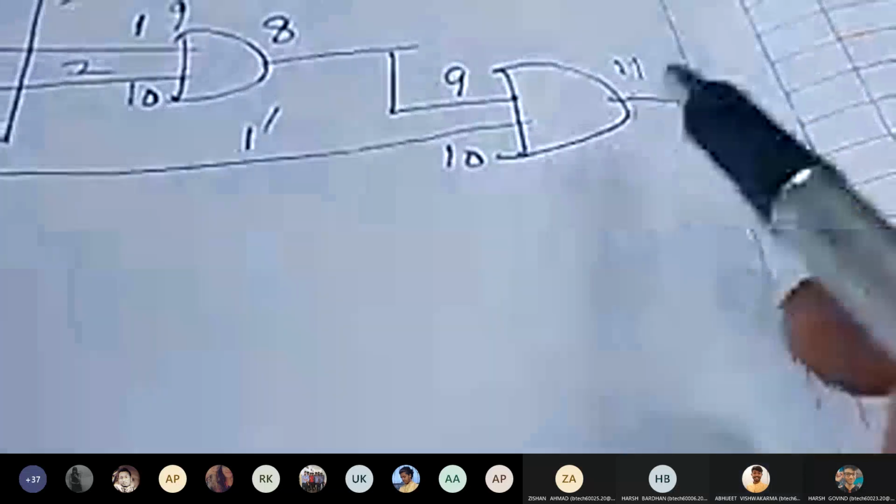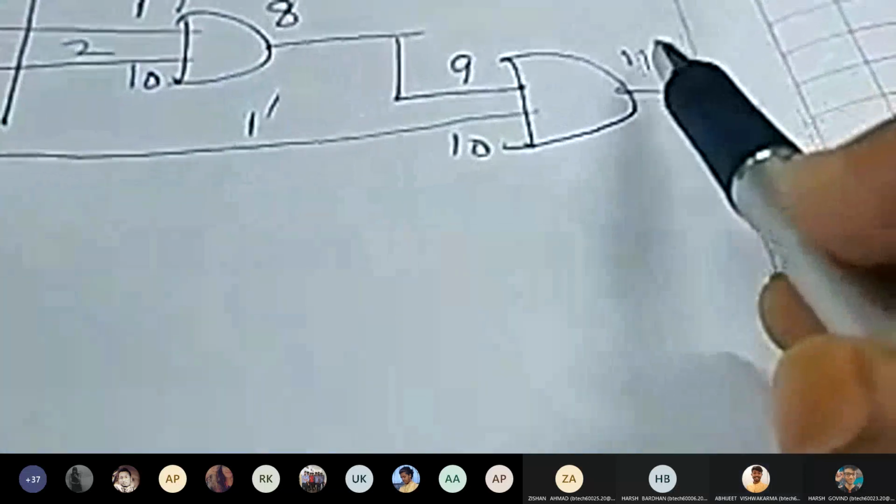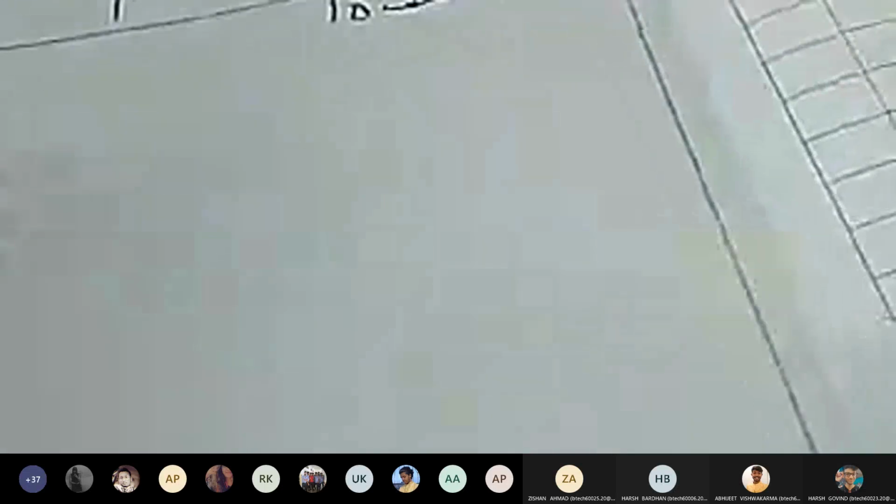In our IC, at pin number 11 we are getting the output, or at pin number 9? 11, ma'am. 9, ma'am. Ma'am, which output? You tell me.